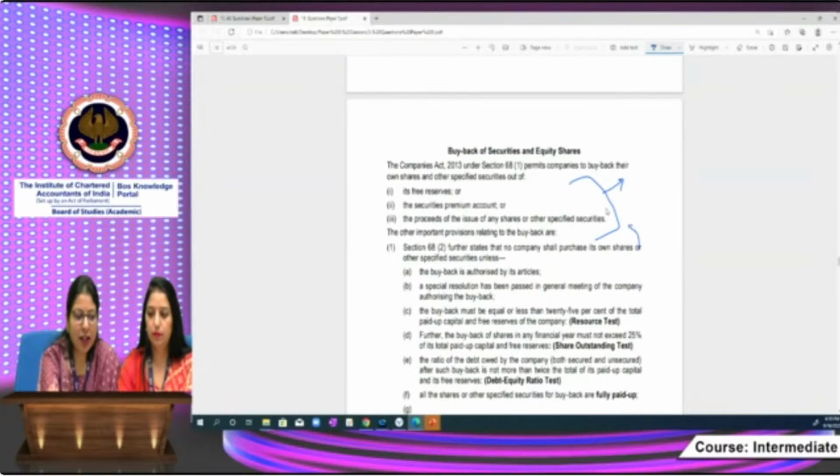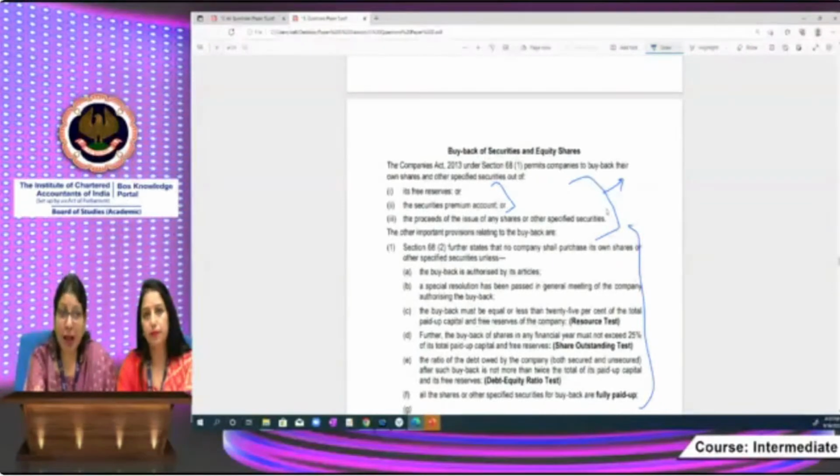The provisions of the Companies Act we are not going to discuss in detail because these are very theoretical. You can simply focus on whatever amount you are taking from free reserves or securities premium for the buyback purpose.